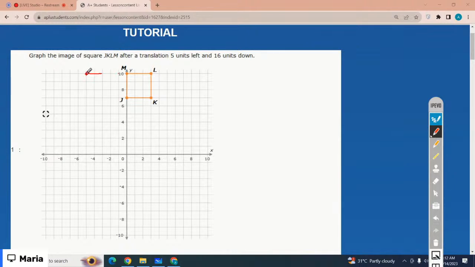This is 5 left, and 16 units down. 1, 2, 3, 4, 5, 6, 7, 8, 9, 10, 11, 12, 13, 14, 15, and 16 units down. The image is now here. Hold on.